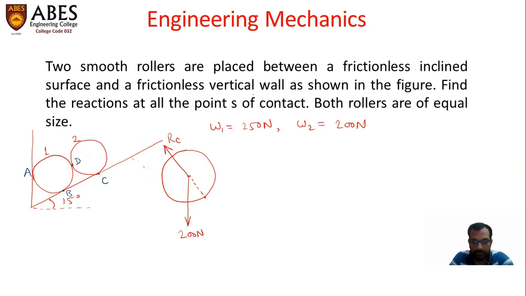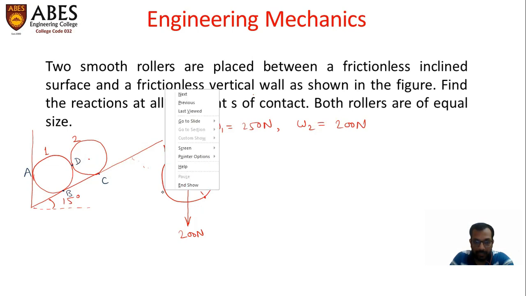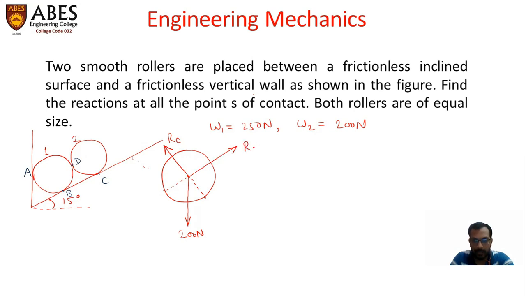So let us show it. And once again, we are using the principle of transmissibility. We are going to show this reaction at the center of this roller. This is the location of point D, but we are showing the reaction here. And suppose this is RD.